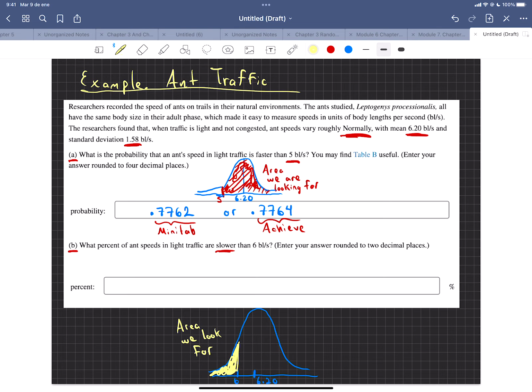We're looking for the area behind, so use left tail. OK, OK. And you're going to have this graph with the area we're looking for. The area is 0.4496.